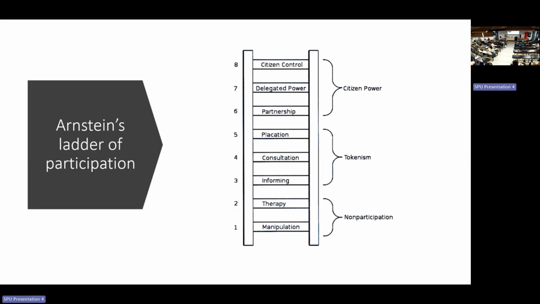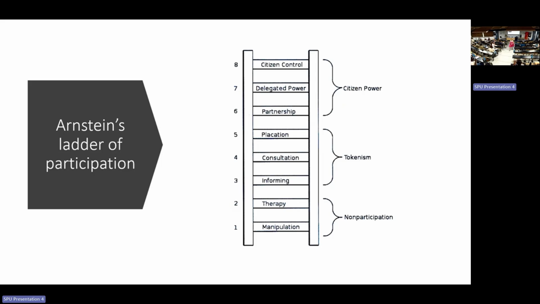The next two, 4 and 5, look good from the outside, but are not really very participatory at all, and they don't accomplish anything meaningful for participants. The higher rungs are participatory. They involve more power, influence and decision making.